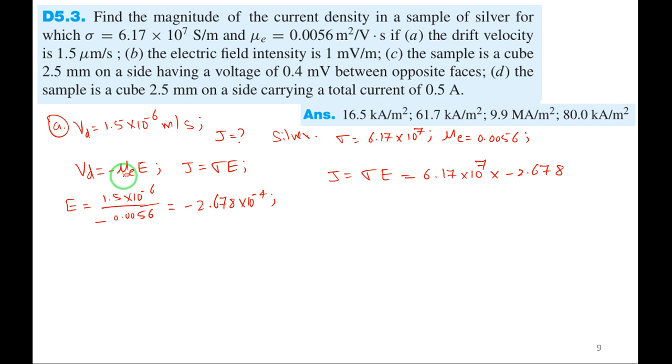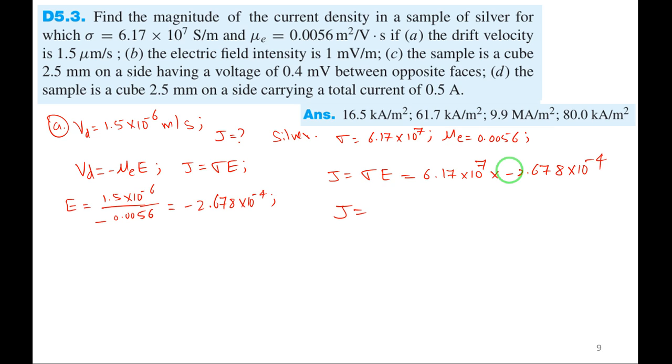So Vd, that is fine. Mu V, minus mu E. Whether this minus should be taken or not, that is the thing. Mu V 0.0056. They have given it as positive only here. No minus. Let me verify it. We'll calculate. We'll see later. Into 10 power minus 4. Okay. Let me discard this minus at the moment.